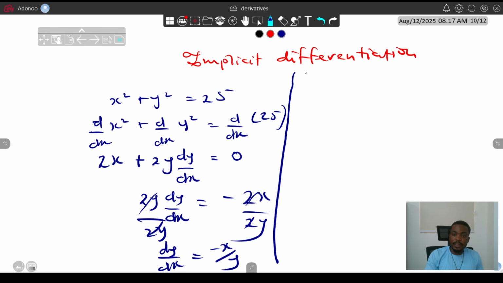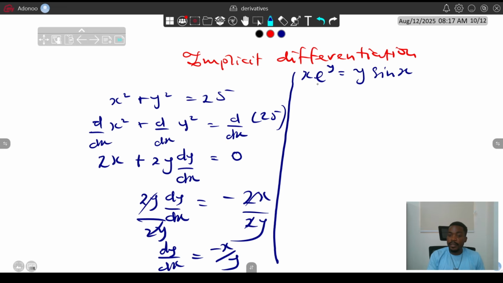Let's look at this other simple example, which says that we have x e raised to the power y equals y sine x. Again we differentiate both sides of the equality sign, and here we employ the product rule.